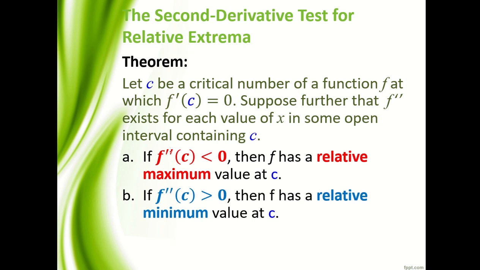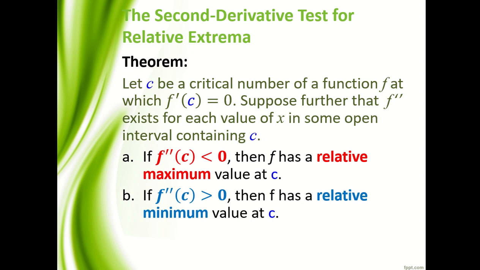If the second derivative of the function at x equal to c is less than 0, or negative, then f has a relative maximum. Take note of this, class, and just compare the first derivative test with the second derivative test.